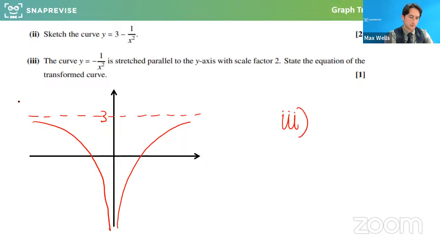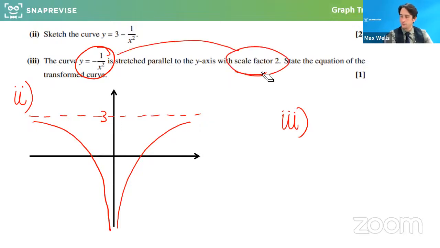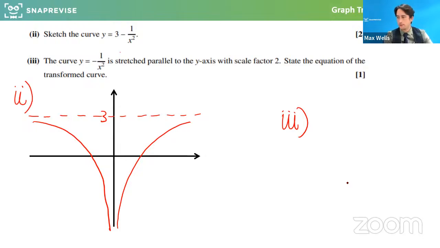Can anyone do that? What do we reckon? So we're stretching this by a factor of 2 vertically. So we're affecting the y direction. So this vertically stretched by a factor of 2, we need to suggest an equation that does that.